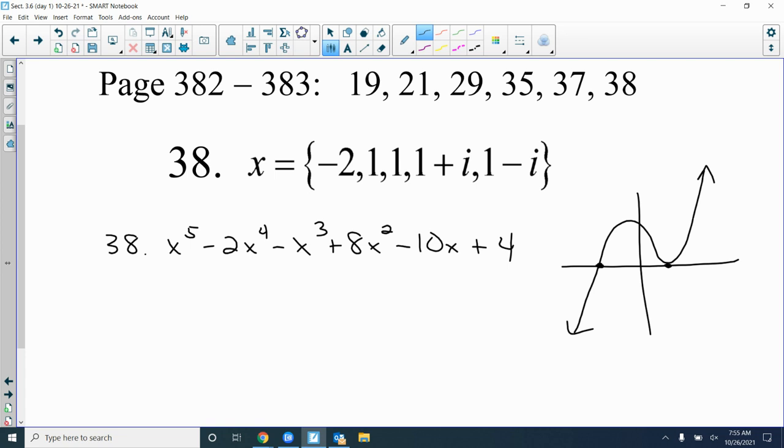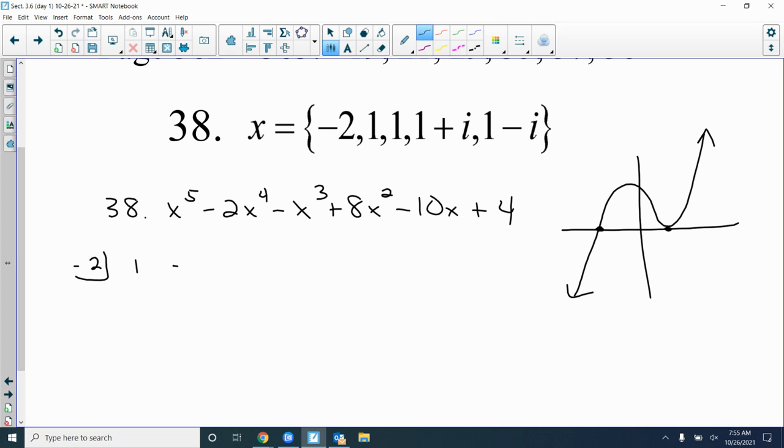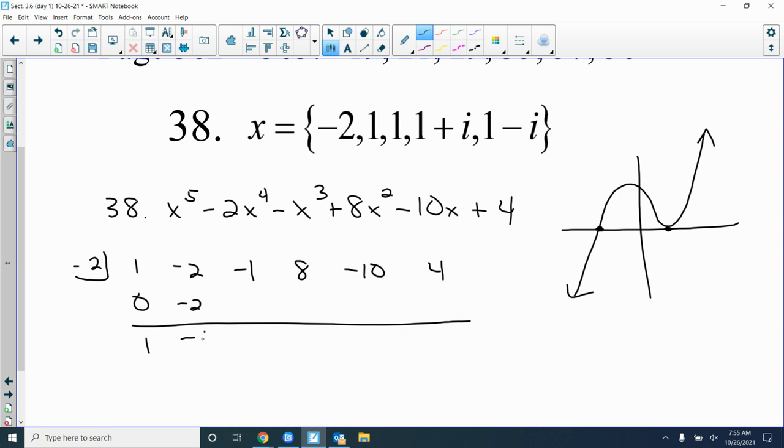So since it hits at -2, we plug that in. And I get 1, -2. That's a -1, 8, -10, and 4, 0, 1. Let's see, -4, 8, 7, -14, -6, 12, 2, -4, 0.